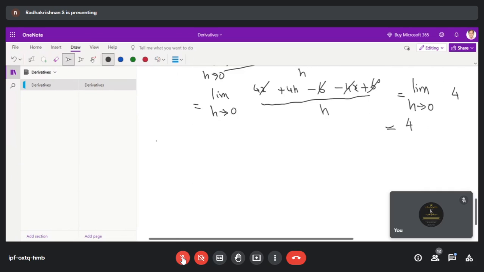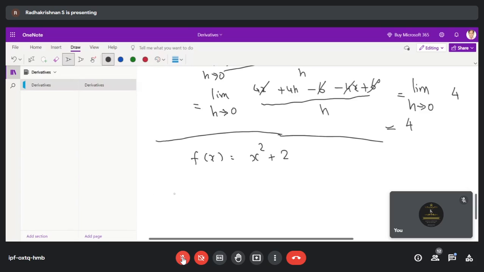Let's do another problem. Try to find its derivative using first principles. Try it out.